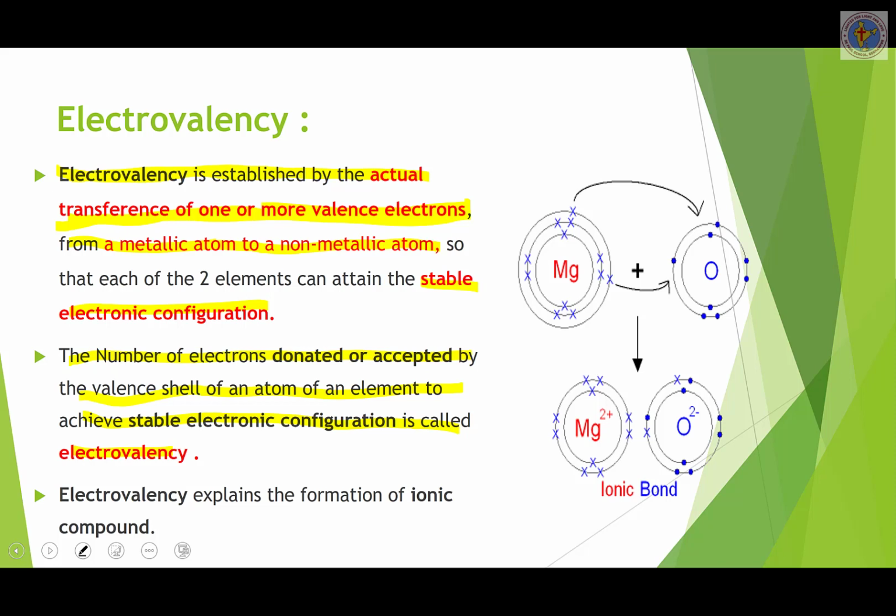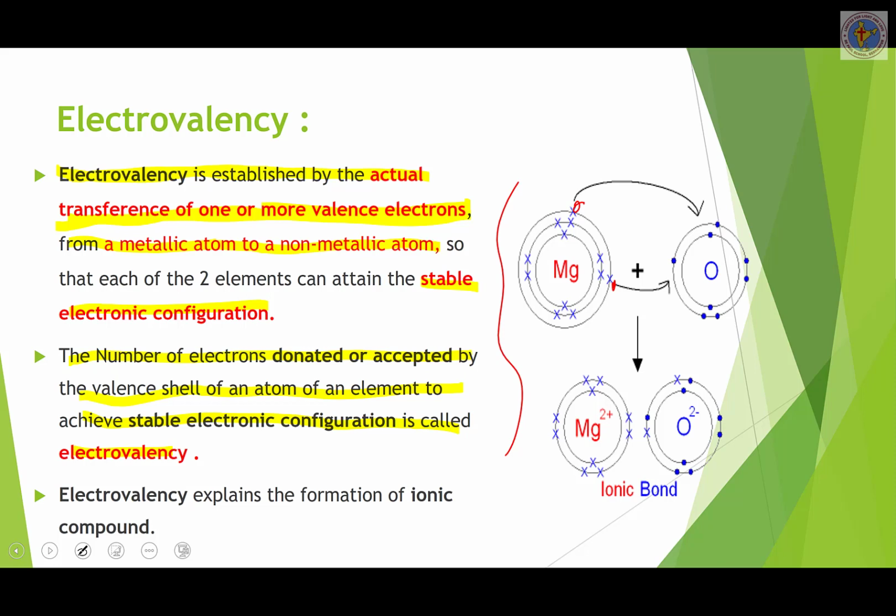So here you can see the example. Here magnesium is having 2 electrons in the outermost shell. So what happens here, children? You can see very clearly that in order to attain the stable electronic configuration, magnesium has to donate 2 electrons.